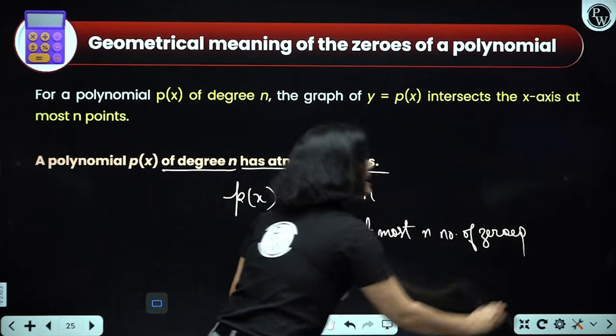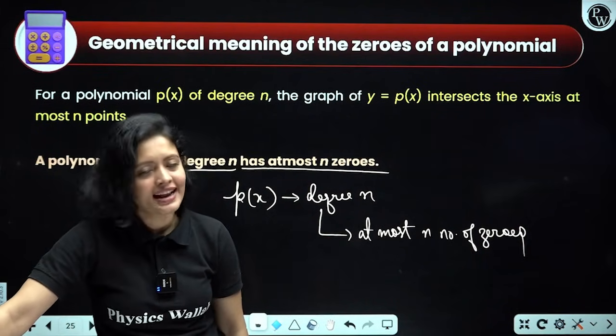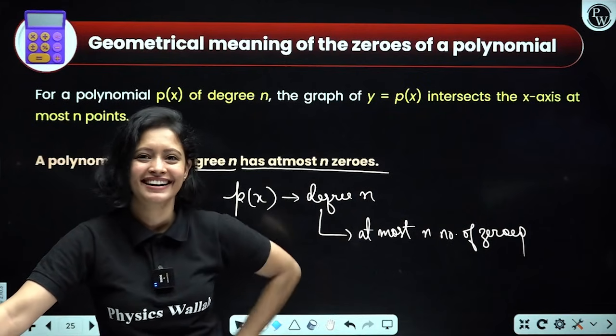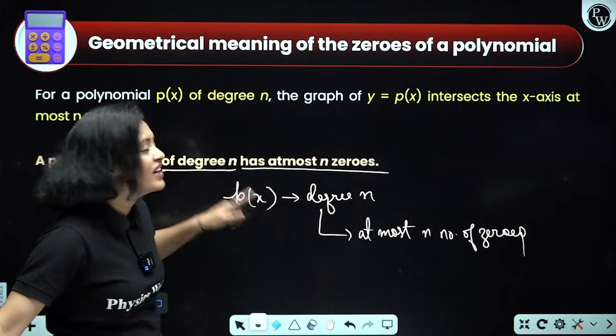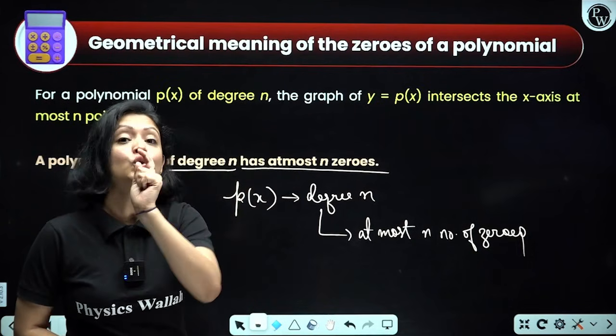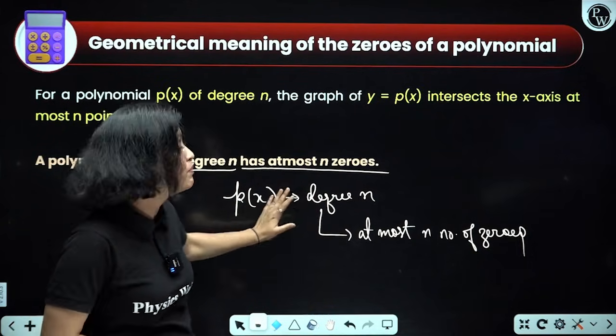That means it cannot have more than n zeros, but it can have less than n zeros. At most means, zyada se zyada, right? Okay, this is very important, guys. It's very basic, but you do have problems that have come in board exams directly from this concept. So it's very important.